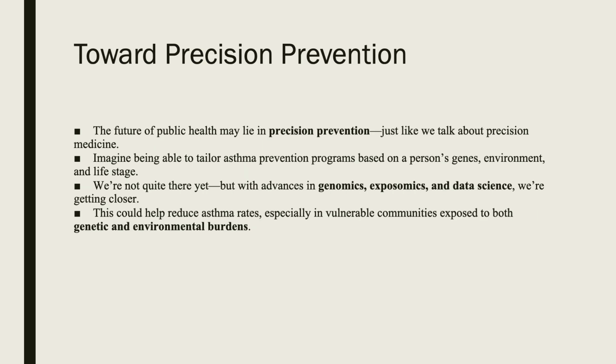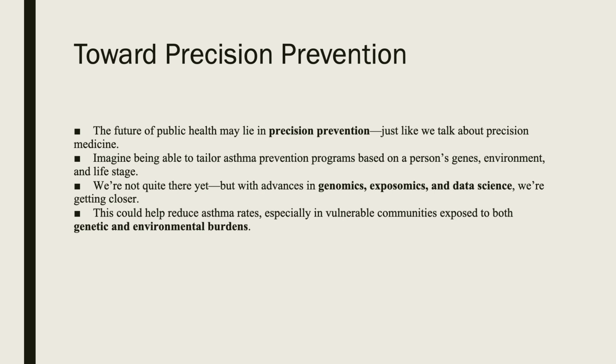So, here I will break down the steps and where we are when it comes to us moving toward precision prevention. The future of public health may lie in precision prevention, just like how we talk about precision medicine. So, I want you to imagine being able to tailor asthma prevention programs based on a person's genes, environment, and their stage in life.